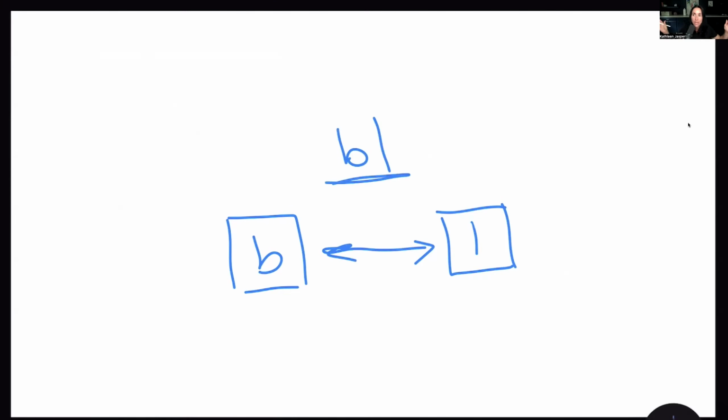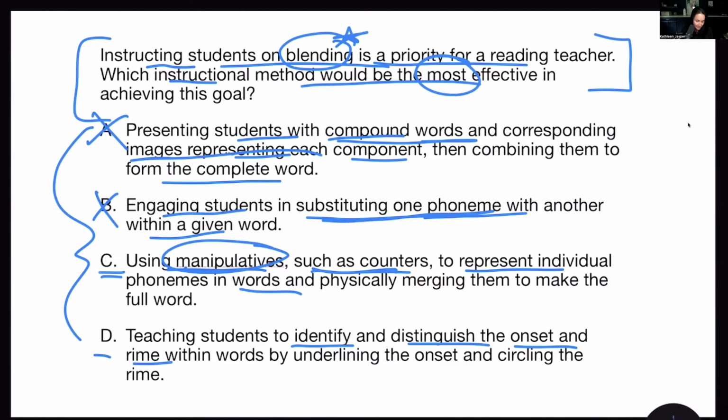So we have two separate sounds and pushing them together. This is definitely blending. It's also a good practice because they're using their hands, taking the abstract and bringing it into the concrete so they can understand it. So it looks like C is the best answer.